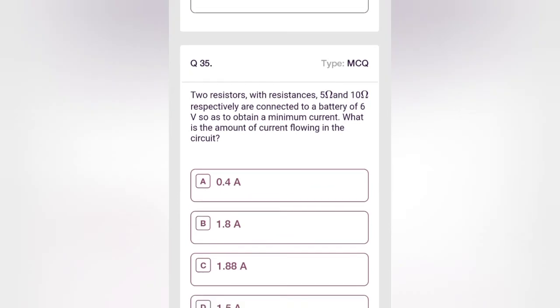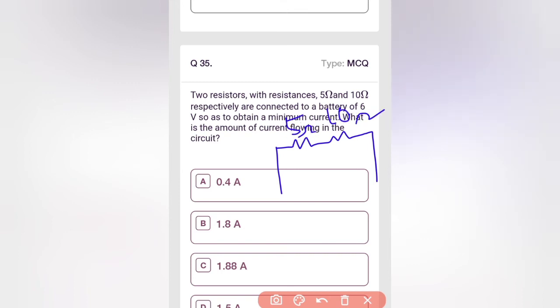Two resistors with resistance 5 ohm and 10 ohm are connected to a 6 volt battery to get the minimum current. What is the amount of current flowing in the circuit? See, minimum current means the two resistors are connected in series. This is 5 ohm and this is 10 ohm. They are connected in series to a battery of 6 volt.